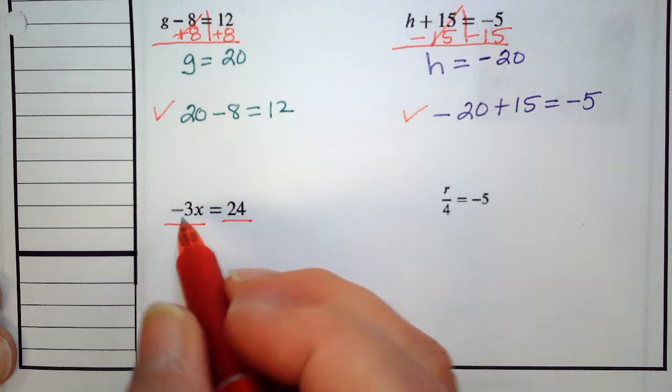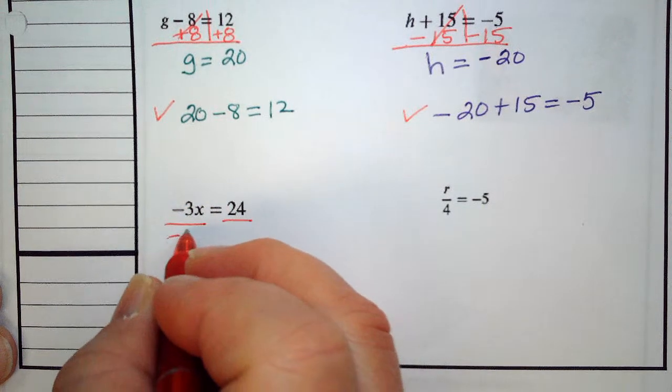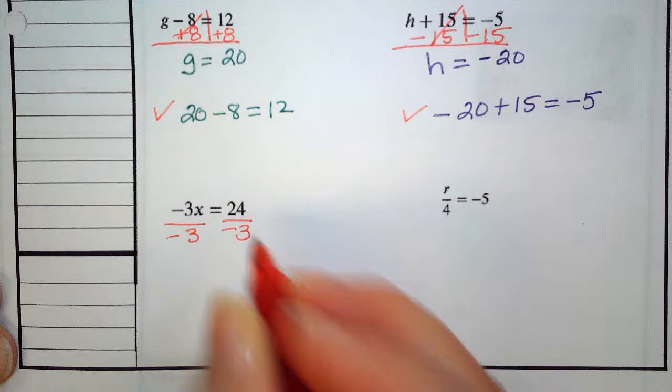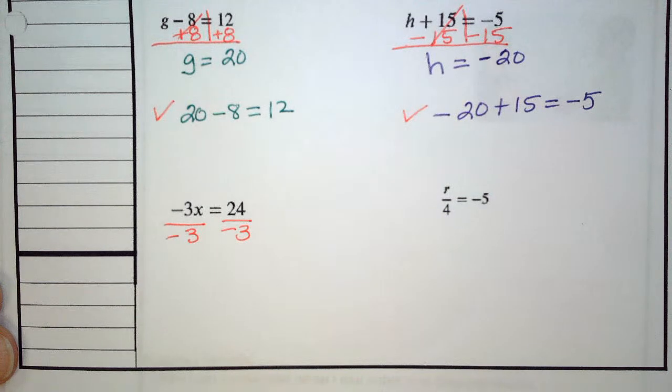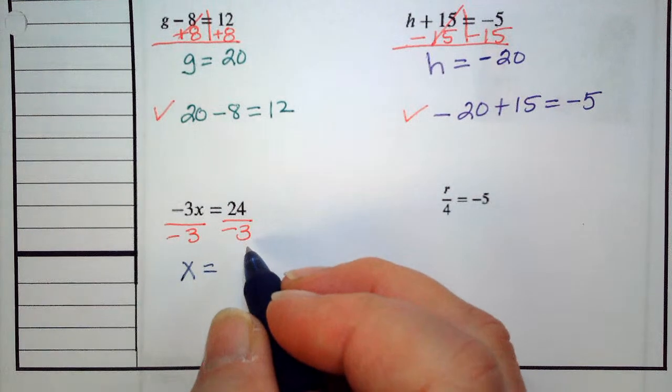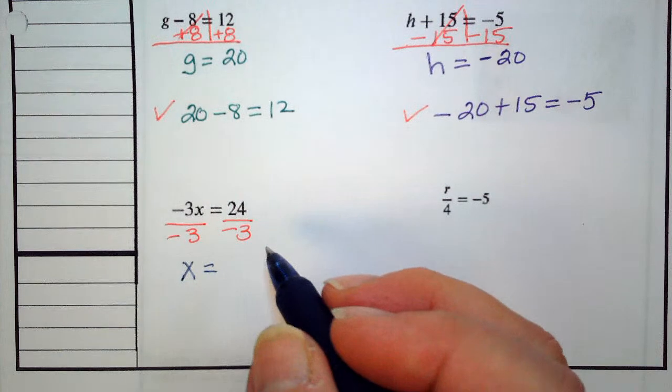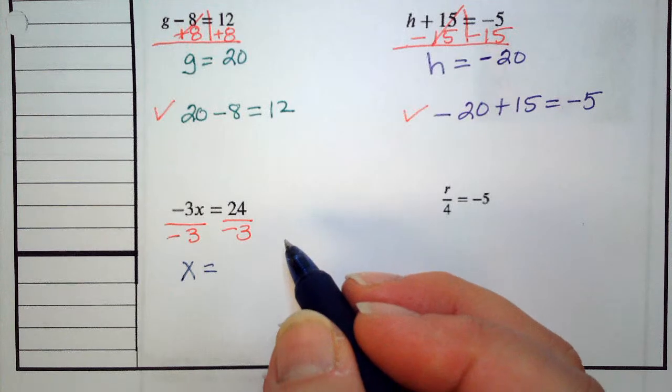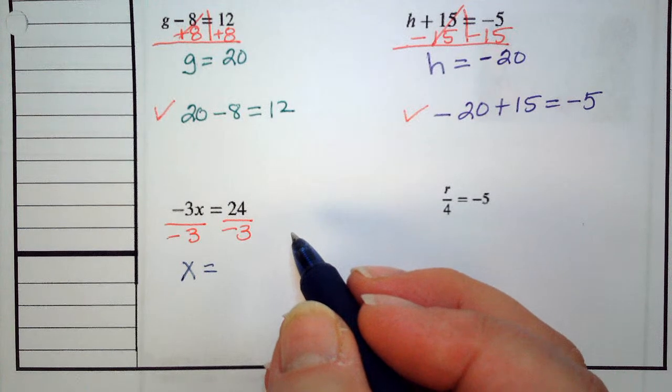The whole number is -3, not just 3, but -3. X is equal to 24 divided by -3. I know a positive divided by a negative will give me a negative number.